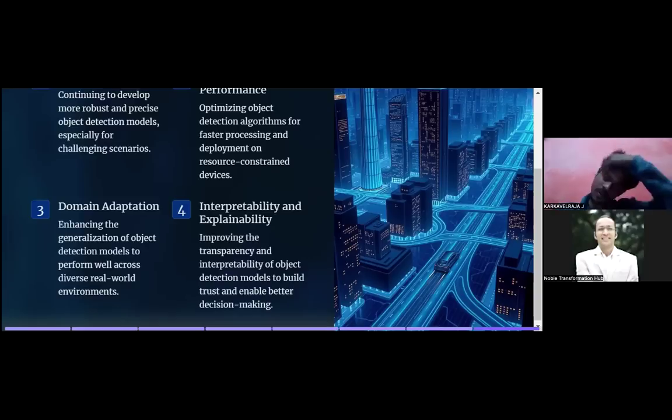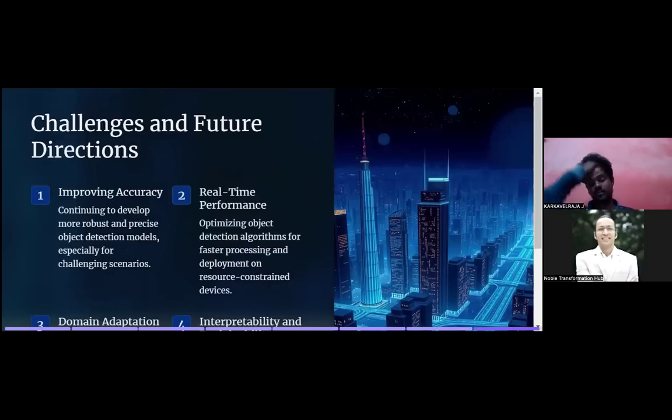Here also we improve the transparency and interpretability of object detection so it interprets properly, builds trust, and enables better decision making. The basic concepts are the same; we just need to do it as per computer vision here, whereas earlier we did it as per machine learning, and deep learning in a different way.